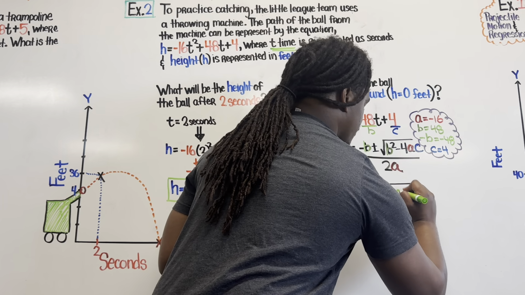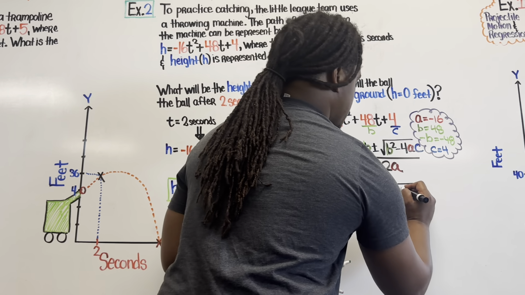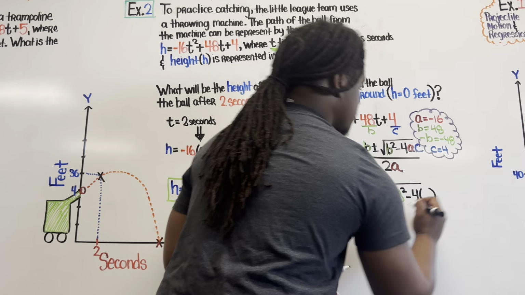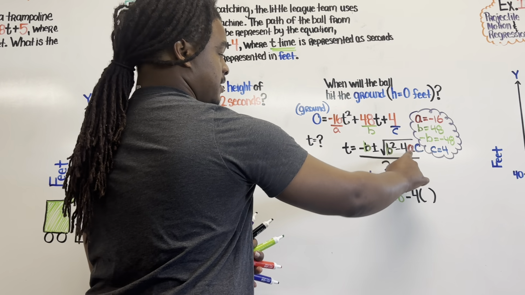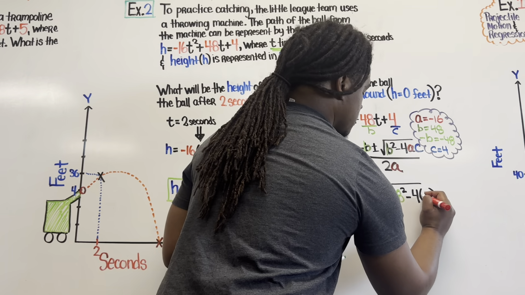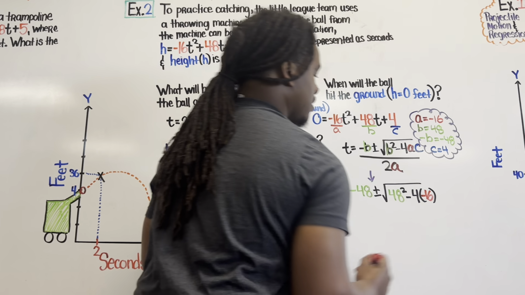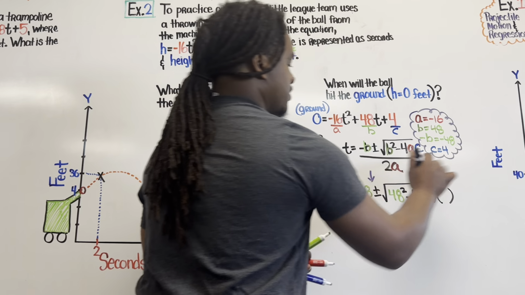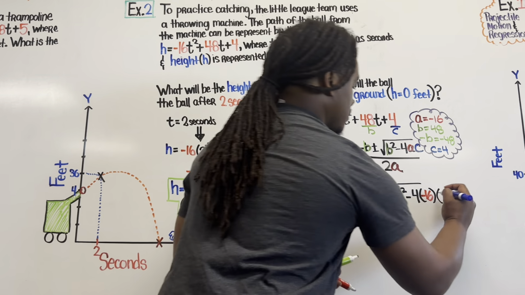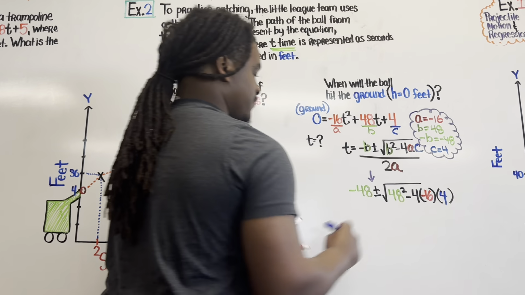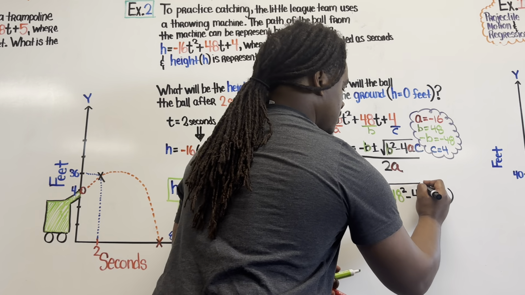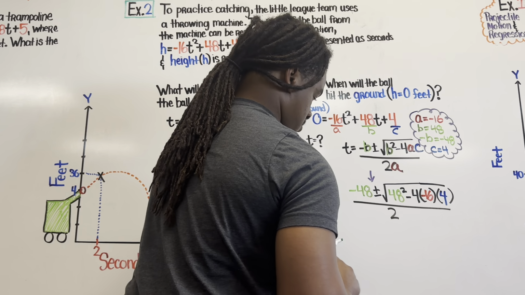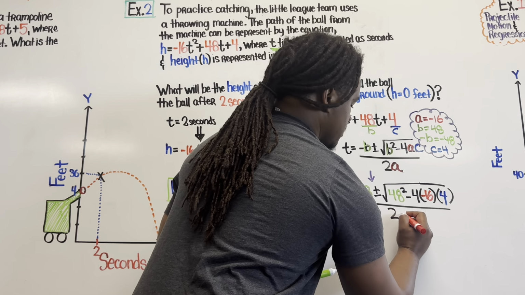So it's going to be a positive 48 to the second power, minus 4 times a, which is negative 16, times c, which is 4, all divided by 2 times a, which is 2 times negative 16.